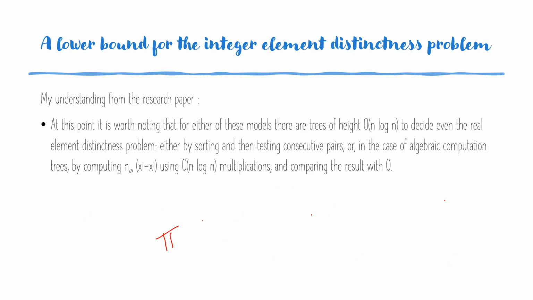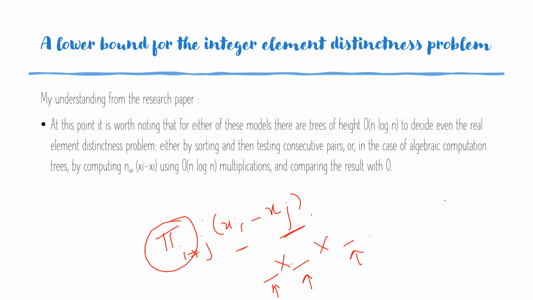This is the computation they are doing, the algebraic computational tree. So they get the difference of two elements and then multiply the differences. It's like the difference of two numbers here, the difference of another two numbers here multiplied by, and so on. It keeps going.